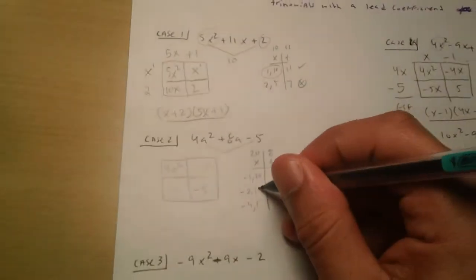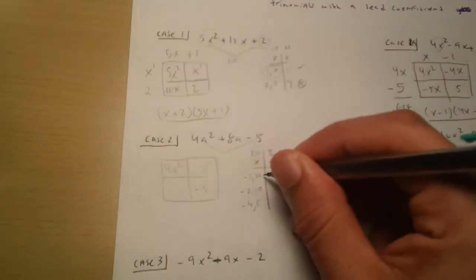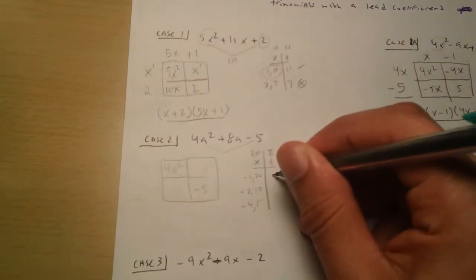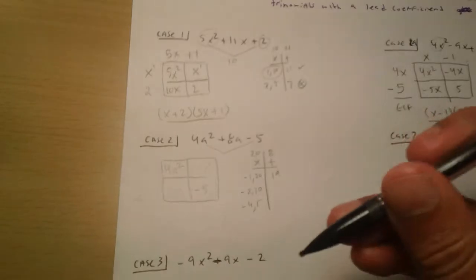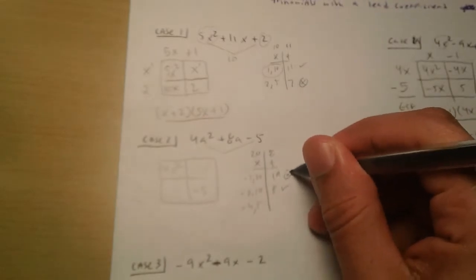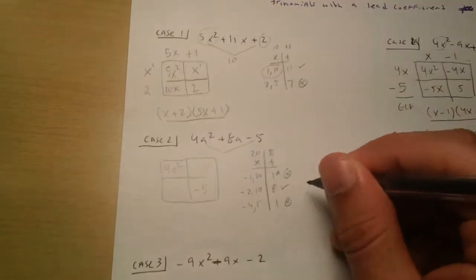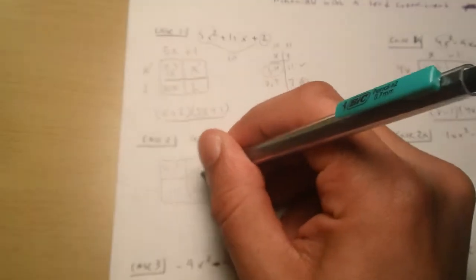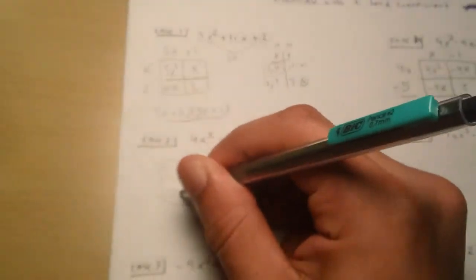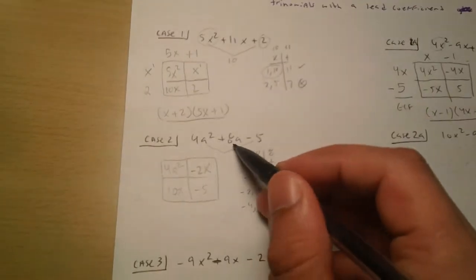Okay? So then negative 1 plus 20 would be 19. Negative 2 plus 10 will be 8, and that's the 8 we're looking for. Okay? And double check here, we have 1, that's it. So 8. So here will be negative 2a and 10a. Okay, so whenever we add 10a minus 2a, then we have an 8a.